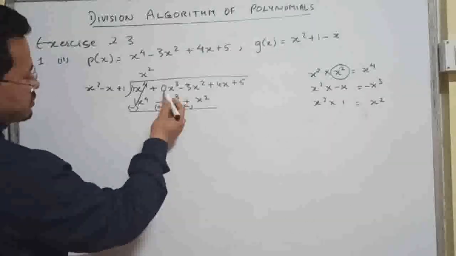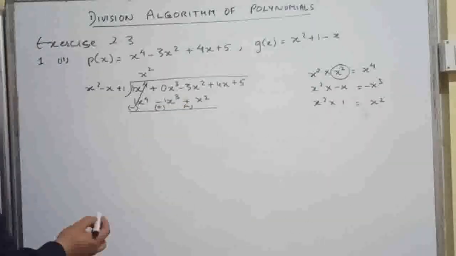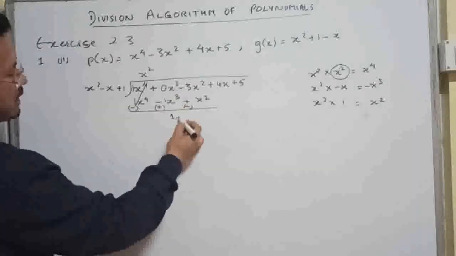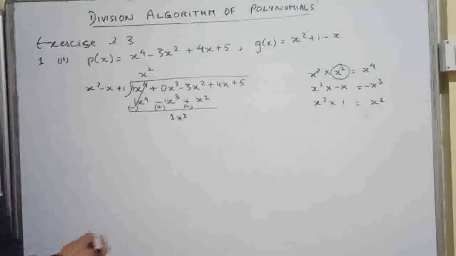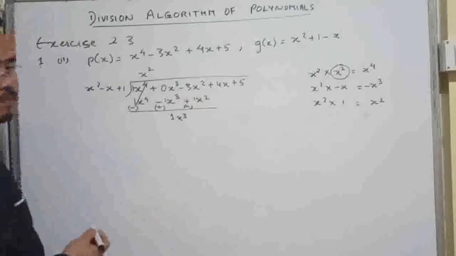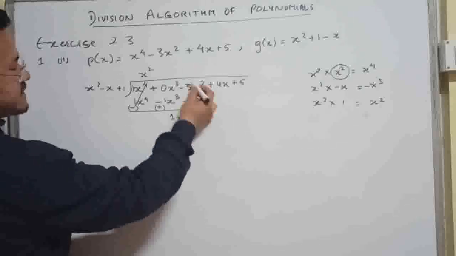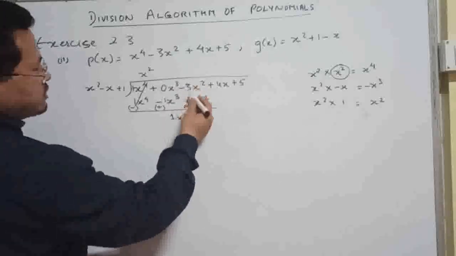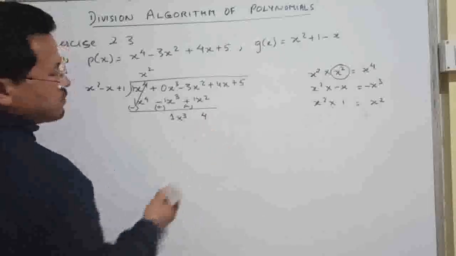Now here we have 0, we have 1, and both are positive. So 1 plus 0 is 1x cube. Here we have a negative 3, we have negative 1. So when they have the same sign, they add. So 3 and 1 becomes 4.